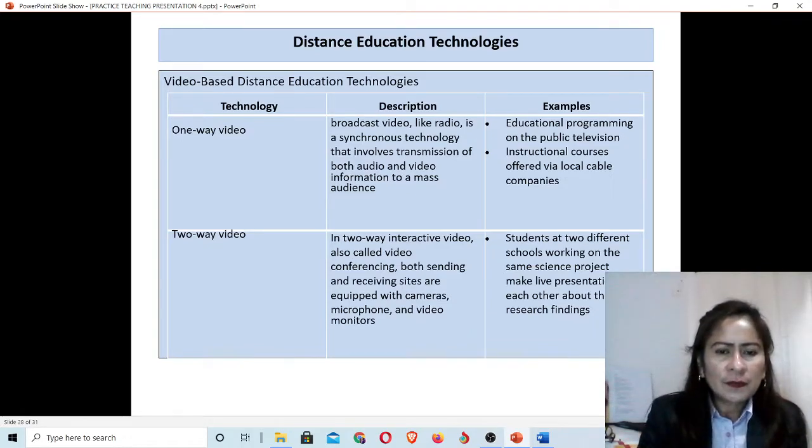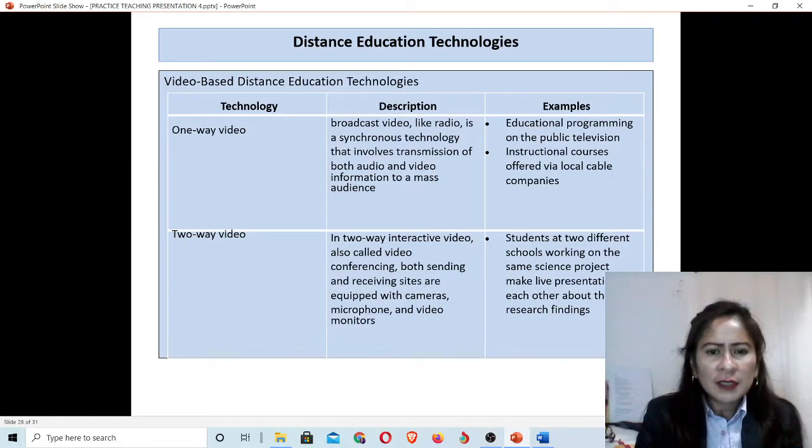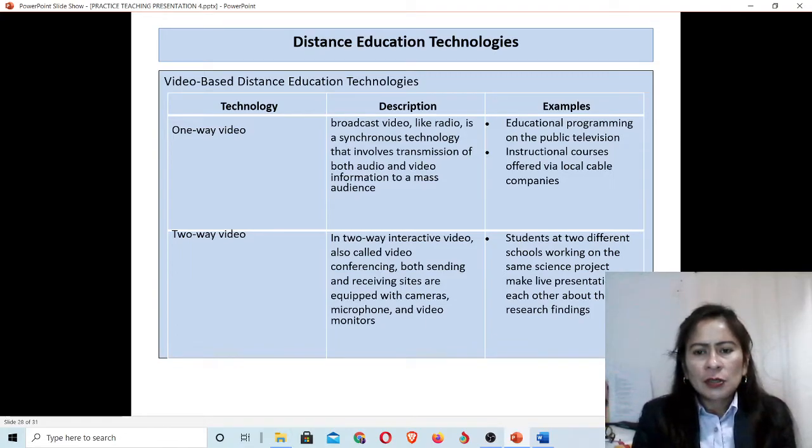Two-way video. In two-way interactive video, also called video conferencing, both the sending and receiving sides are equipped with cameras, microphones, and video monitors. For example, students in two different schools working on the same science project make live presentations to each other about their research findings.